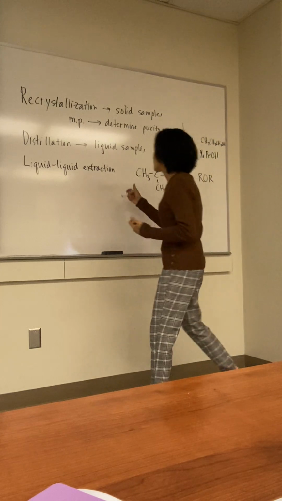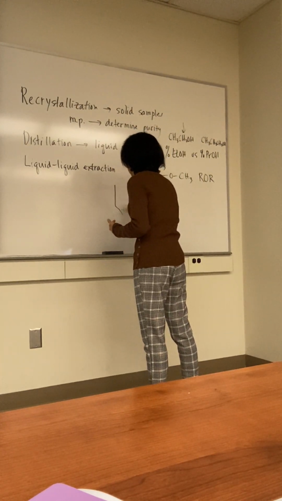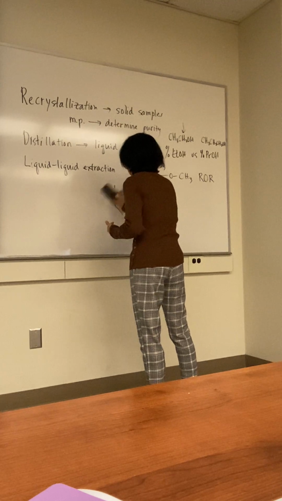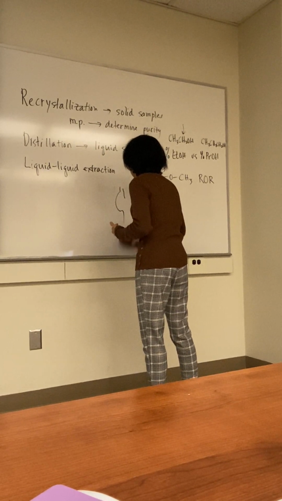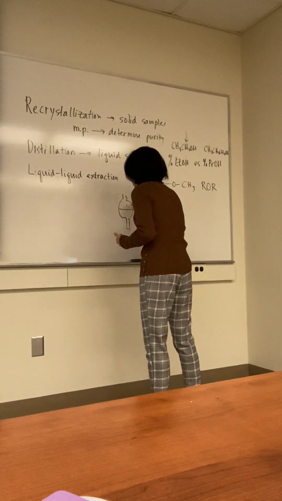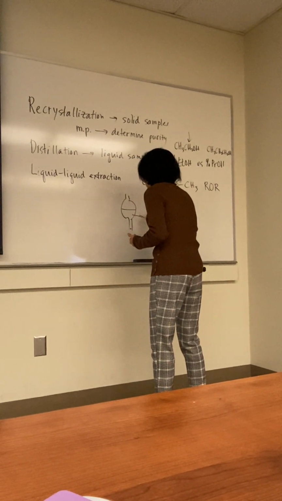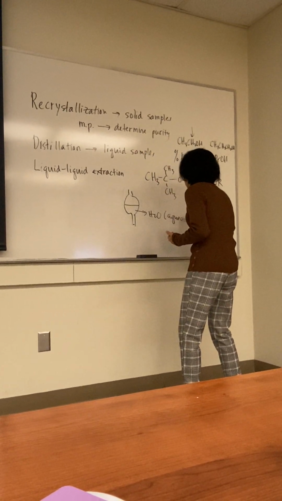So when we did the extraction for the clothes, right? We did this in a sep funnel. The water is going to be at the bottom, the aqueous. So we call it the aqueous layer.